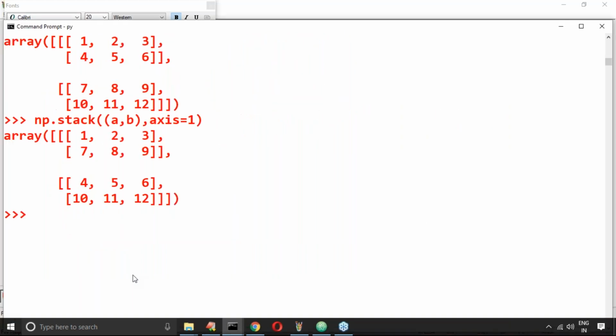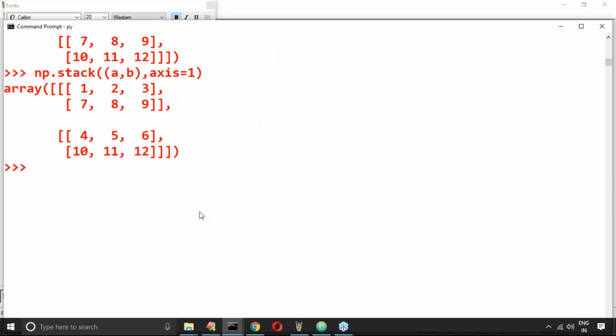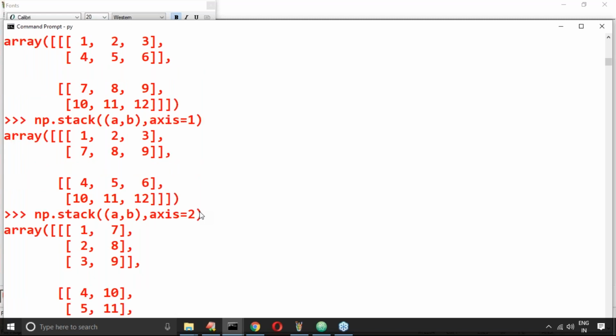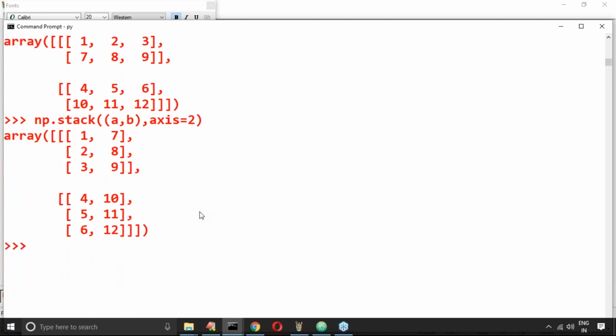Just observe this one carefully. Access is the 2. Excellent. 1, 7, 2, 8, 3, 9. Then 4, 10, 5, 11, 6, 12. Can you please observe that?